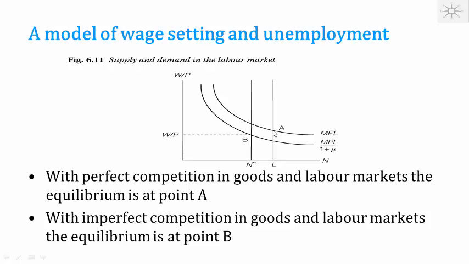But in this model that we have, there is imperfect competition in goods markets and labor markets. And that means that the wage is not going to be the marginal product, but the marginal product divided by 1 plus the markup. And that's a curve here, which is lower than the marginal product.